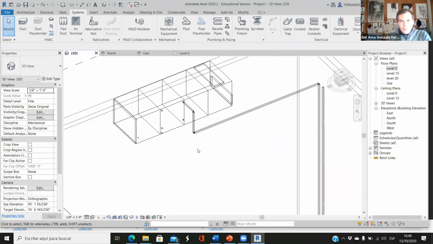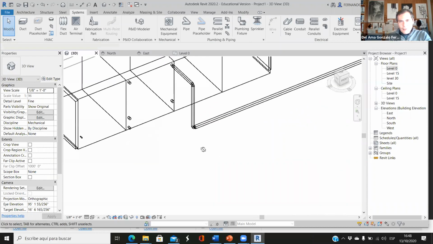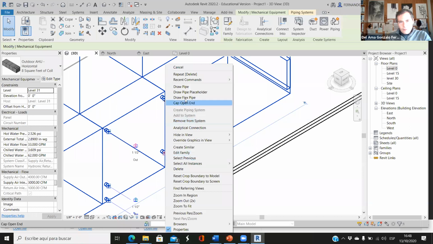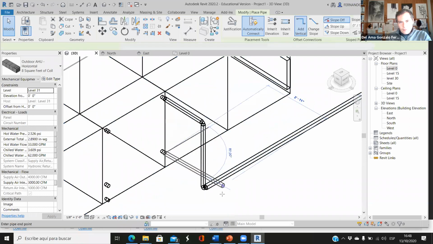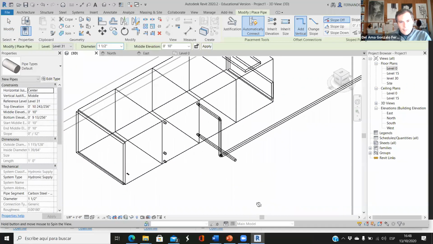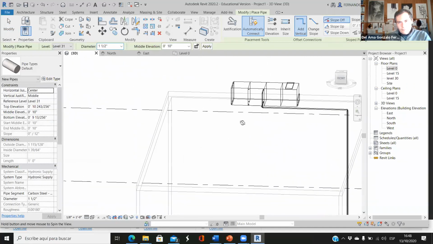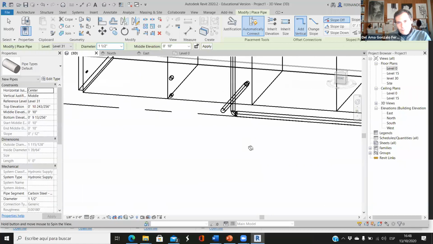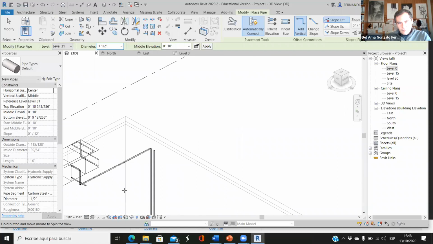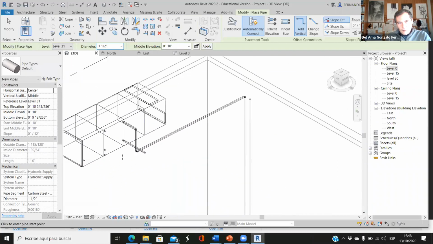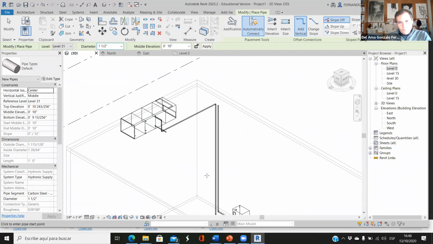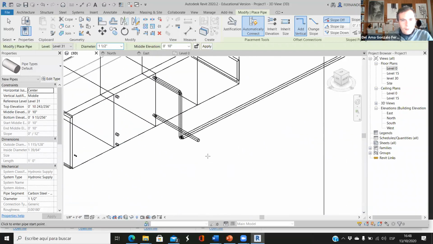Okay, but there's something wrong here, because if I go here like this, it is not acceptable, because you see, I'm going through one of the pipes. So that's not acceptable. What can I do?